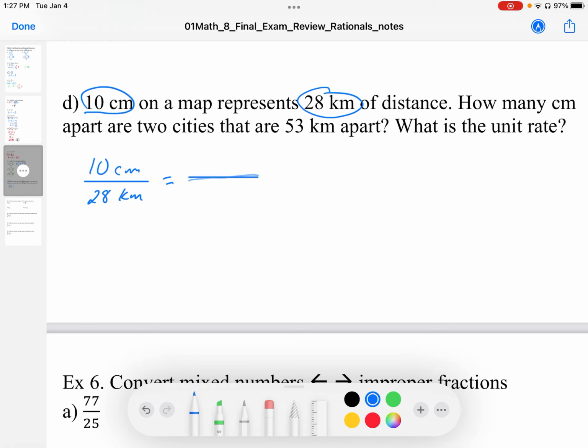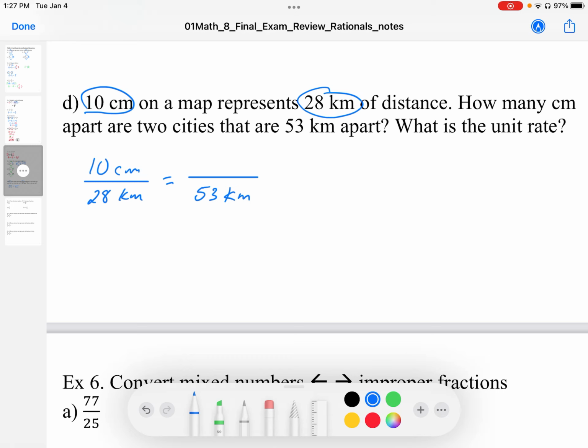And then I can set up an equivalent proportion to solve for how many centimeters apart if they are 53 kilometers apart. As long as I set the proportion as the map distance 10 to actual distance 28, my map distance is going to be in the numerator here.